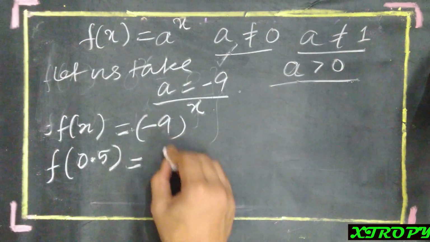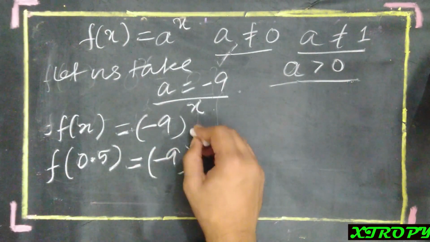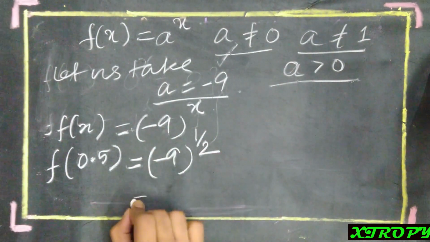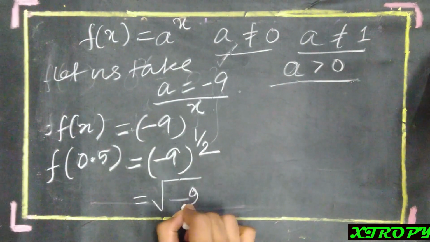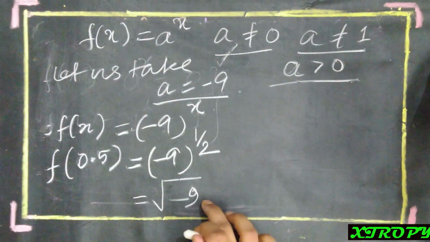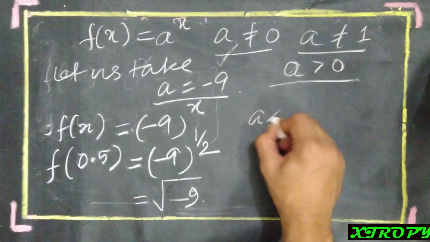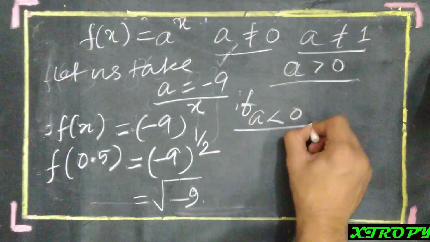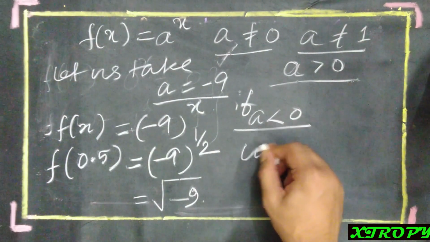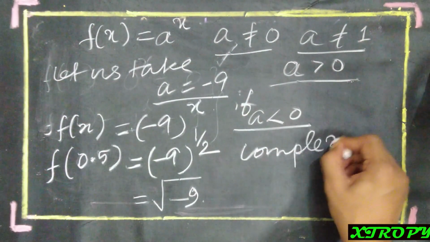This will result in minus 9 to the power half, that is root over minus 9. So this isn't a real number anymore. A negative base, if a is less than 0, may give rise to complex numbers.